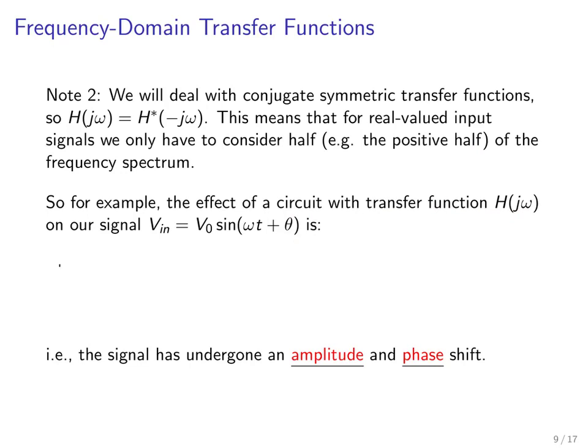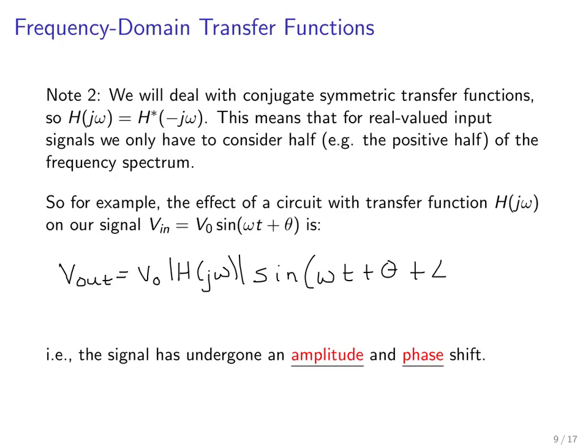In the time domain, we will get that Vout is equal to V0 times the magnitude of the transfer function at this frequency omega times sine of omega t plus theta plus the phase angle, the phase shift introduced by the circuit, which is angle of H of j omega.